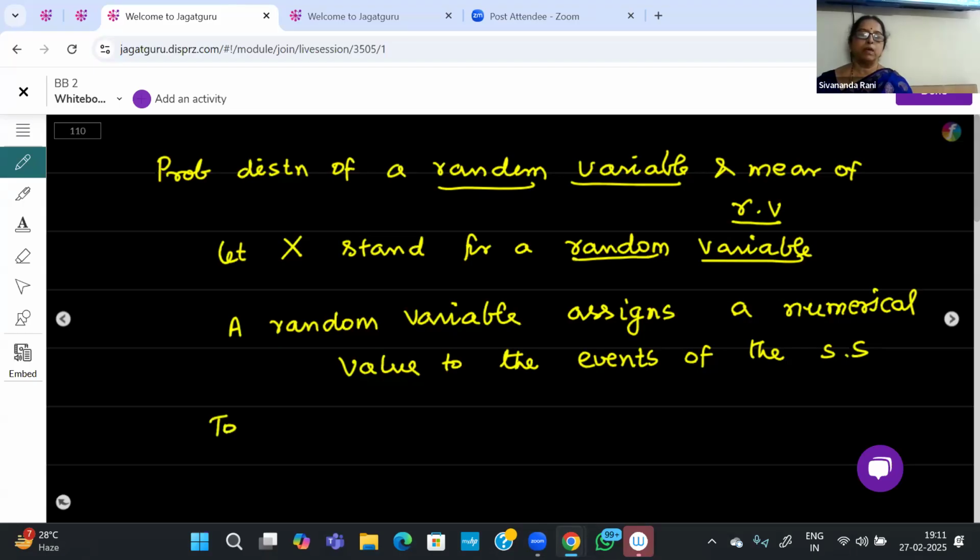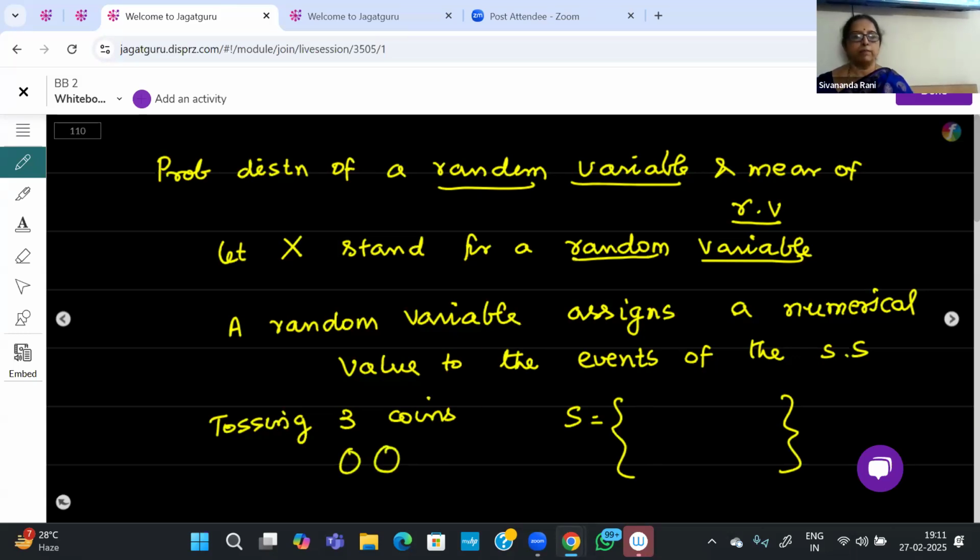Suppose you're tossing 3 coins. Okay, if you're tossing 3 coins, what is my sample space? I know the sample space will have how many possibilities? We are tossing 3 coins, right? From each of them, 2. 2 into 2 into 2, 8.